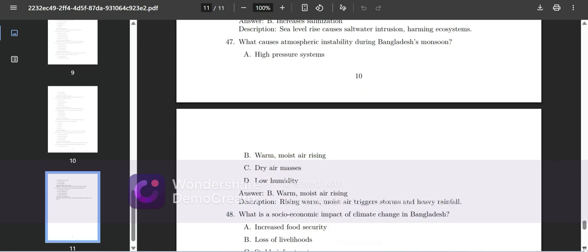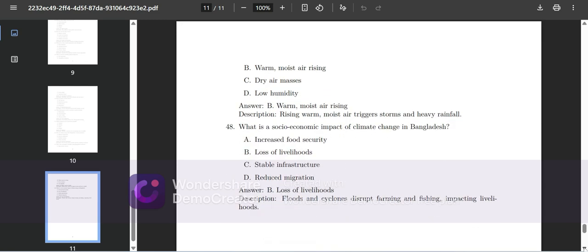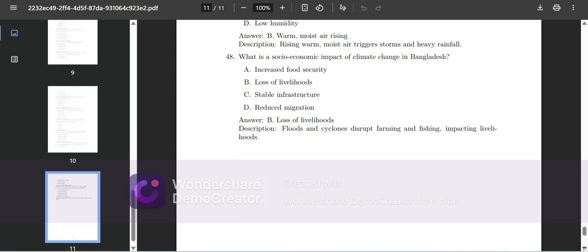Warm moist air rising. Rising warm moist air triggers storms and heavy rainfall. What is a socio-economic impact of climate change in Bangladesh? Loss of livelihoods. Floods and cyclones disrupt farming and fishing, impacting livelihoods.